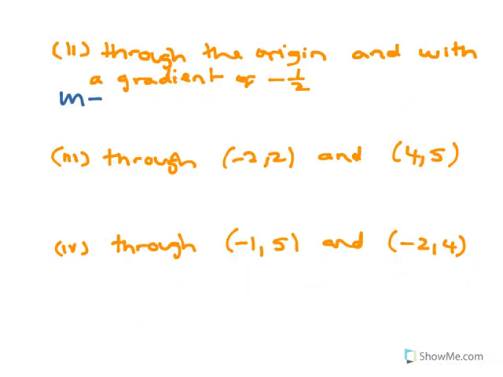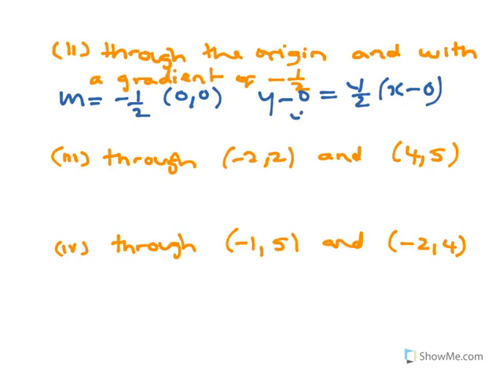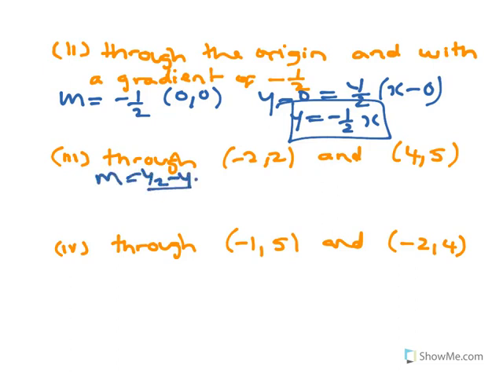Okay, now we're given the gradient's minus a half, and it's going through the origin. So y minus 0 equals minus a half (x minus 0). So you've just got y equals minus a half x. Okay, if you've got it through 2 points, use the gradient formula to find the gradient.